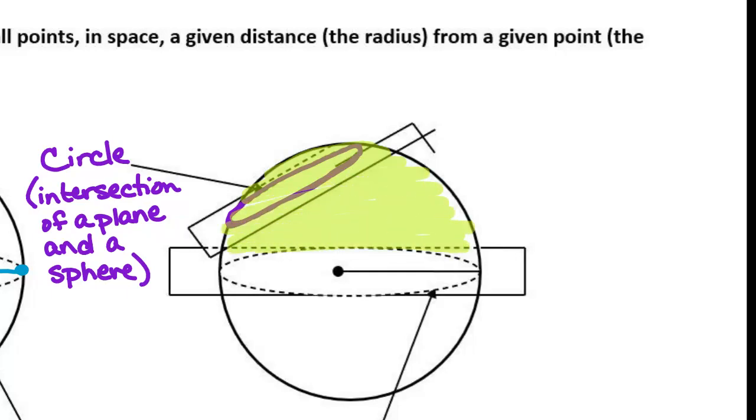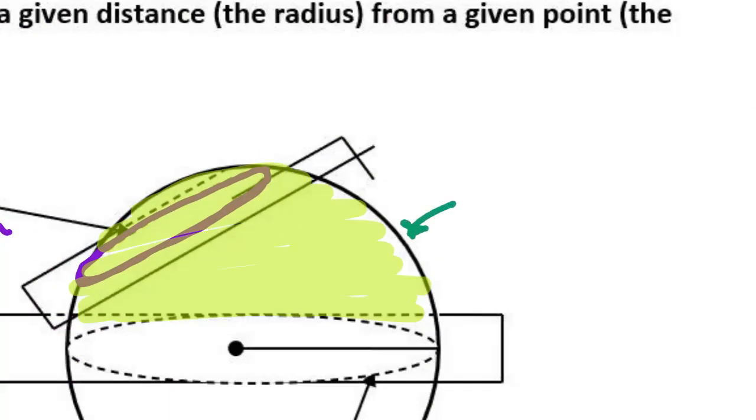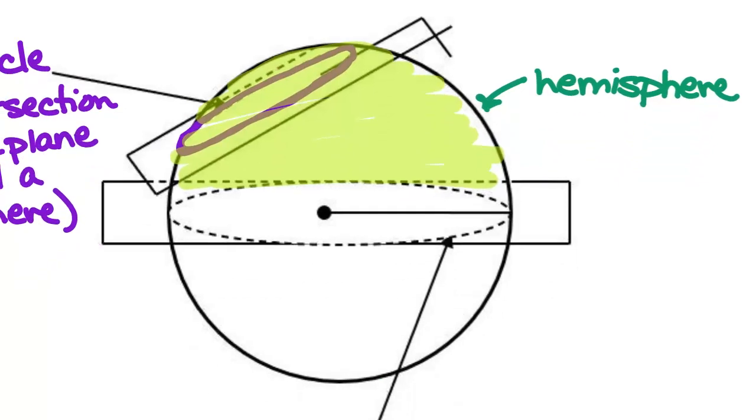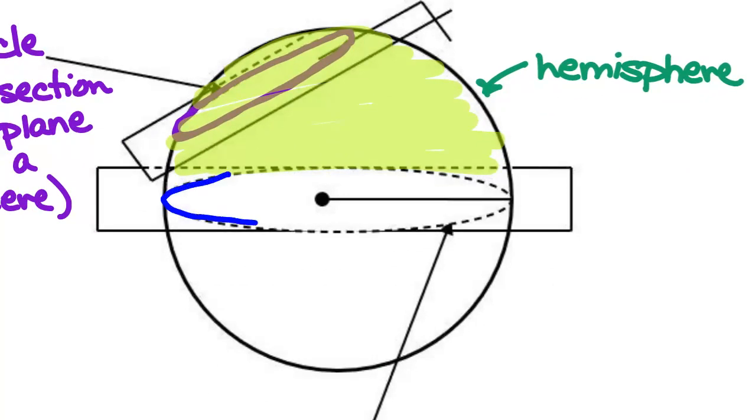Half the sphere we call a hemisphere. And if I take a plane through a sphere right at the center, right here, we call this a great circle.